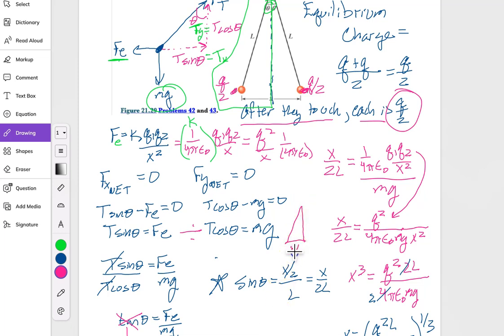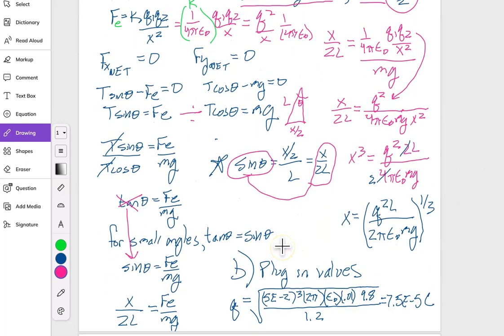So this is x over 2, this is L, and if I think about that angle right there, sine of the angle is equal to x over 2 over L, or sine of the angle is equal to x over 2L. So now that I have a definition for sine of the angle, we're going to say x over 2L is equal to Fe over mg.